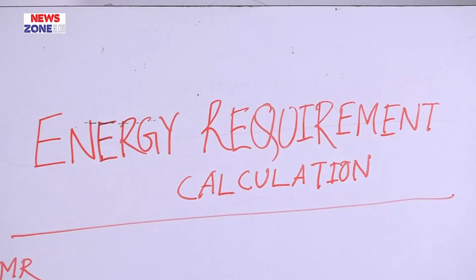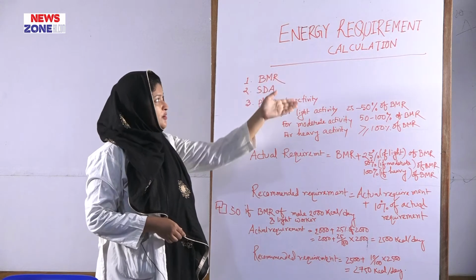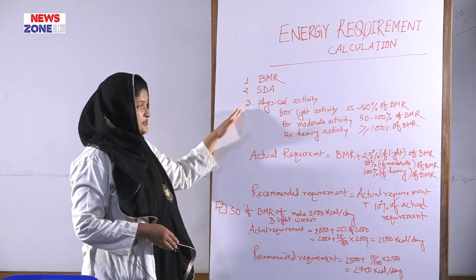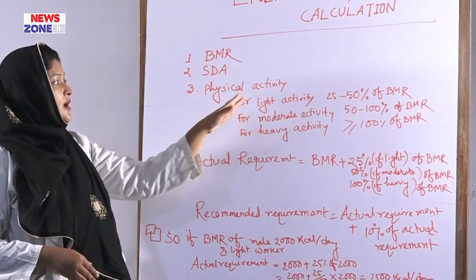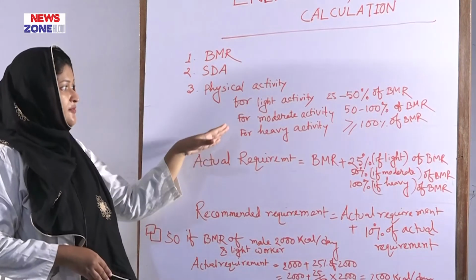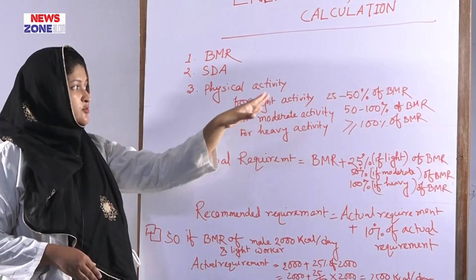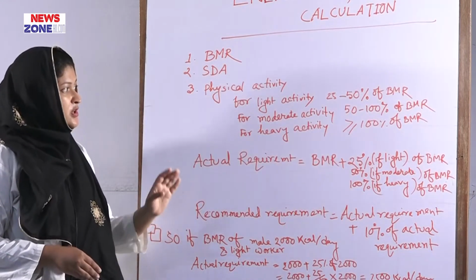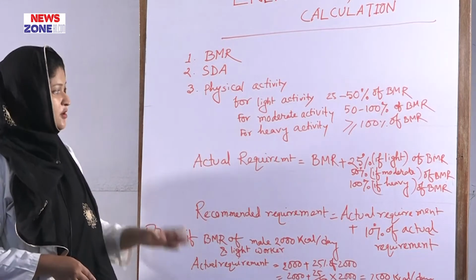So this is the energy requirement calculation of an individual, where there are three components: BMR, SDA, physical activity. For light activity people, 25 to 50% of BMR. For moderate activity people, in the calculation we will use 50 to 100% of BMR, and in case of heavy activity people we will use more than or equal to 100% of BMR.